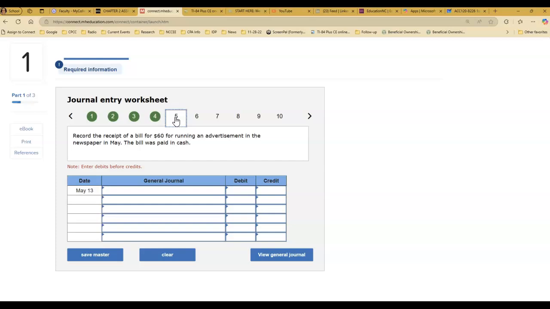Record the receipt of a bill for $60 for running an advertisement in the newspaper in May. Now notice a couple of things here. It is May 13th. It went in the newspaper in May. This is not typical, by the way. How many accounts are being affected? 2. So give me a 60 and a 60.